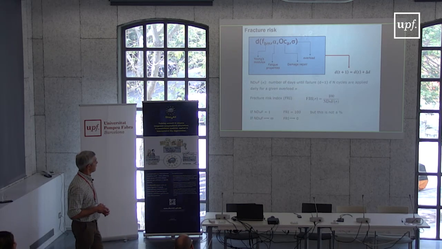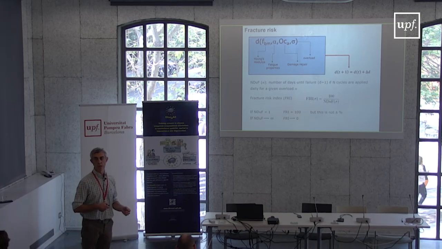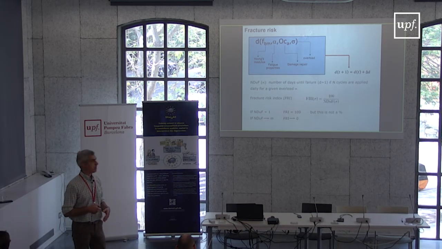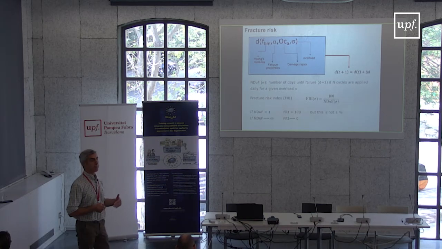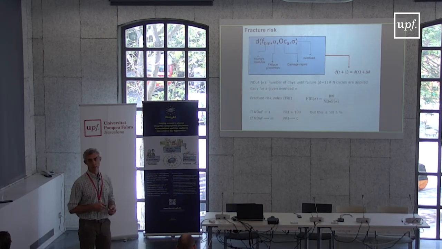That's why we define the number of days until failure, which is the number of days to reach D equal to 1, if we apply n cycles daily for a given overload and in a certain condition. And with this number of days until failure, we define the fracture risk index, or FRI, which is 100 divided by the number of days until failure.